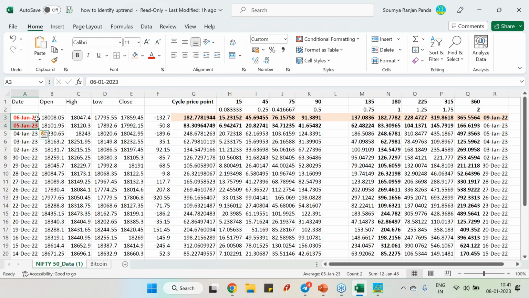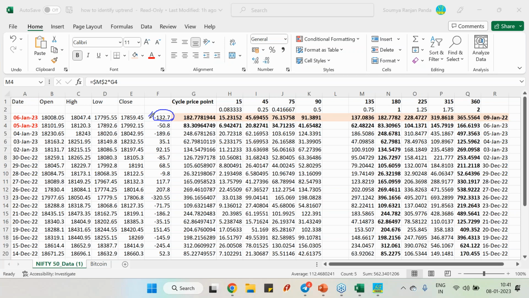On the 5th, it was 50 points down. The cycle turning point was 183 points, with minor cycle points till 42, and major cycle points it has gone till 360. But by seeing the price action of the sixth, very carefully listen to this part.